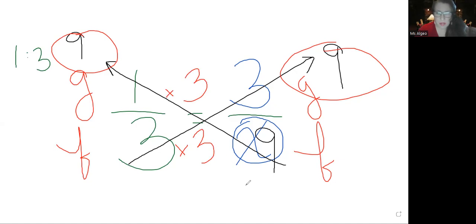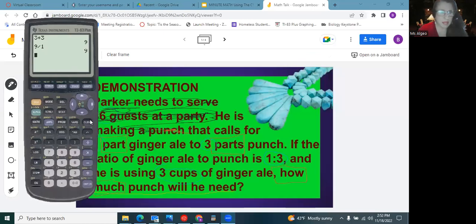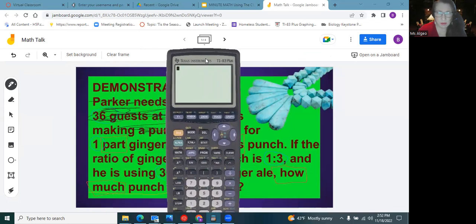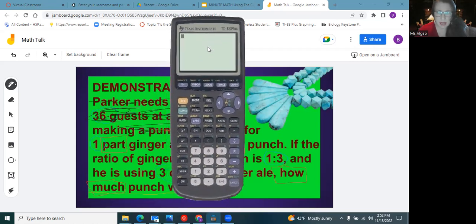Okay, so I am going to show you one more thing that I think you can now see my calculator, I'm hoping. So on the calculator, another way we can check this is if we convert the fractions to a decimal, we need to get the same decimal. So when I take, on one side, I had 1 divided by 3.